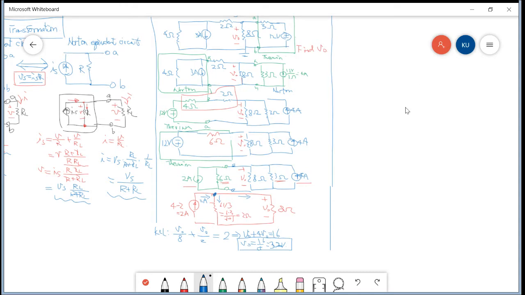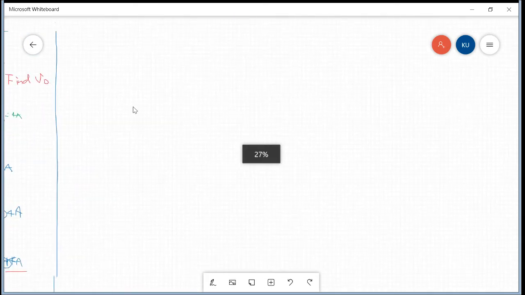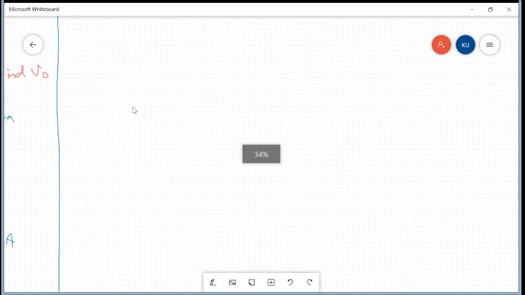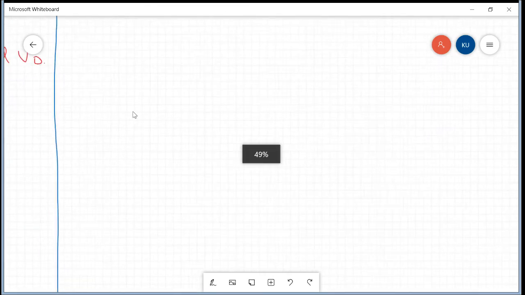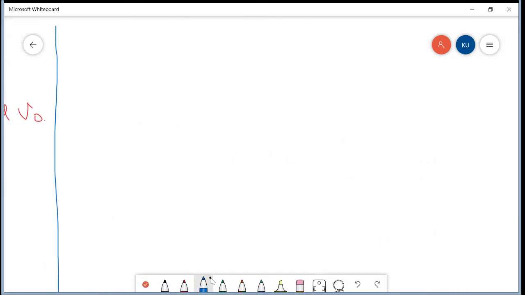So for this one, I would also like to use the source transformation or not.